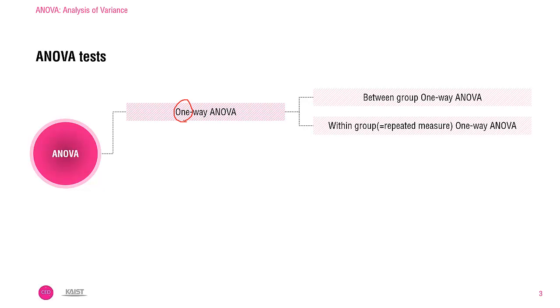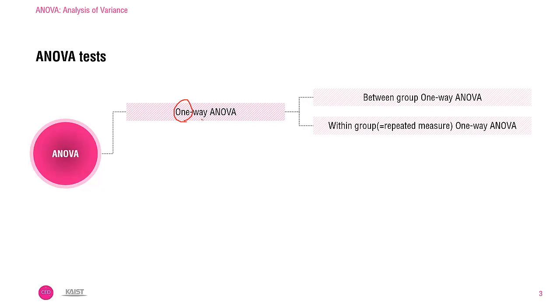We learned that the t-test has independent sampled t-test, and then we also learned paired sampled t-test. ANOVA test also concerns this aspect.